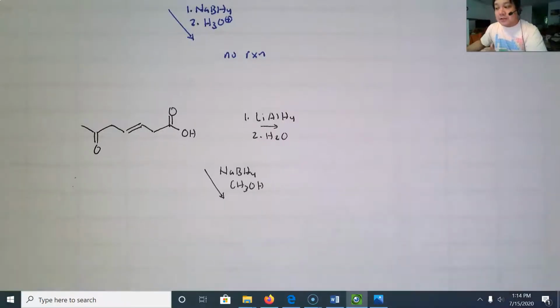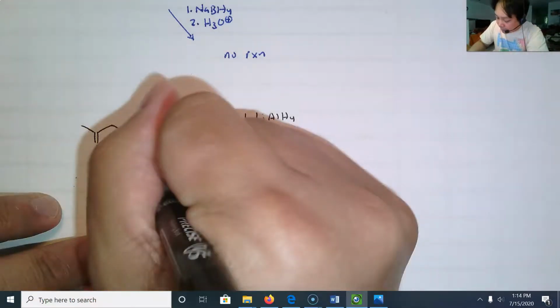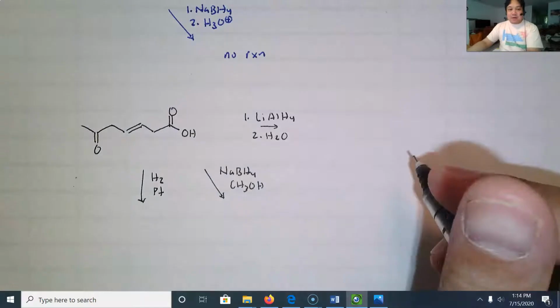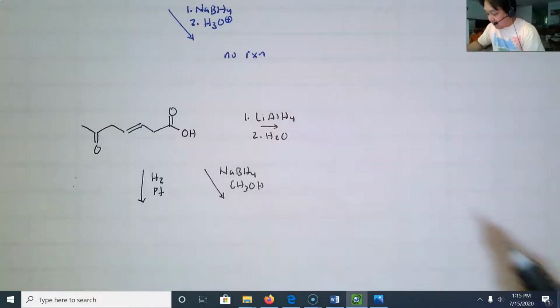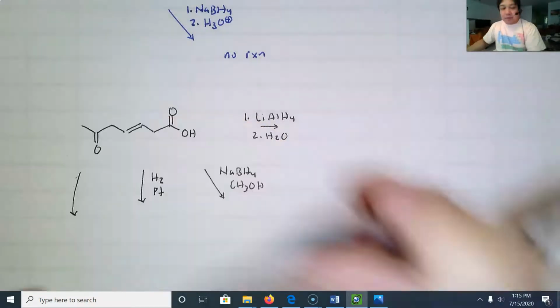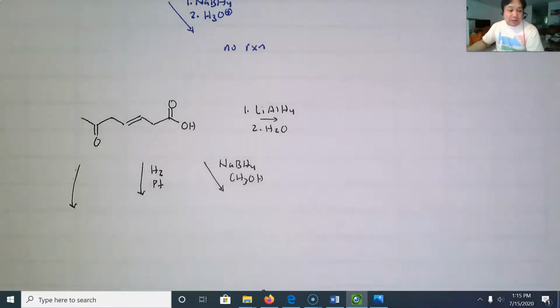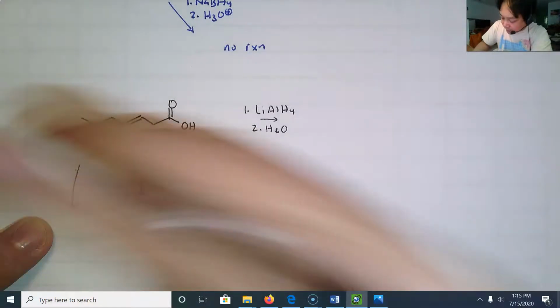What other reducing agents do we know? We know this one, H2 with maybe platinum. Oh, yeah, we actually know two more. I'm going to run out of room. The one that we most recently looked at was a Clemmensen reduction or a Wolff-Kishner. I am partial actually to Wolff-Kishner.